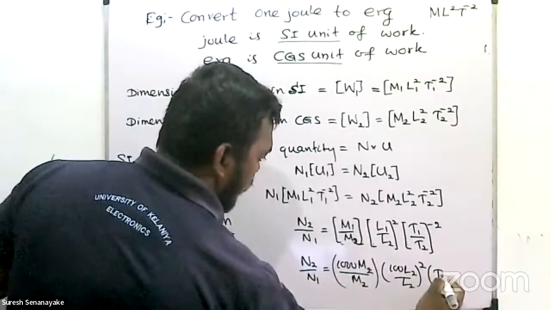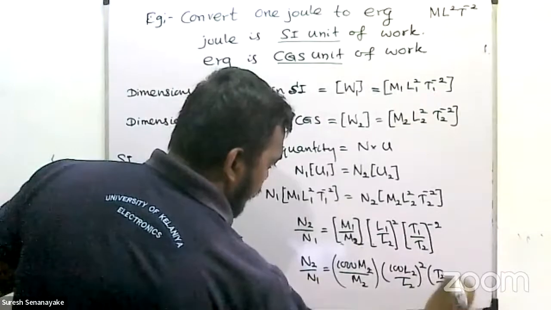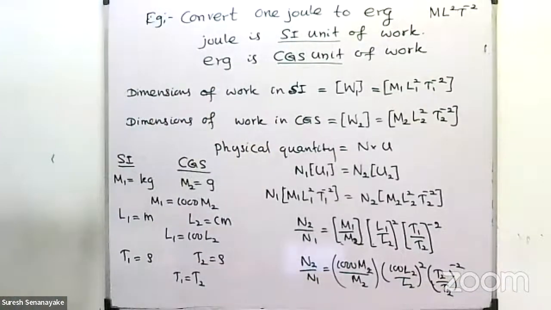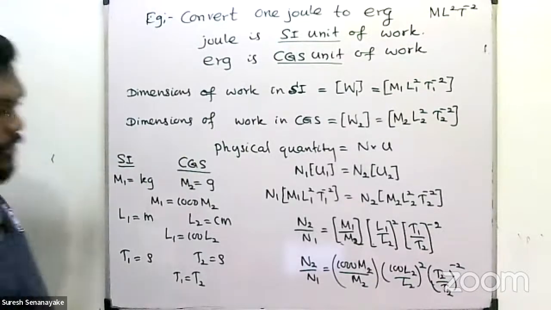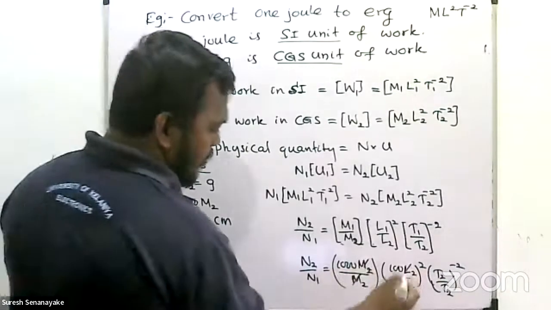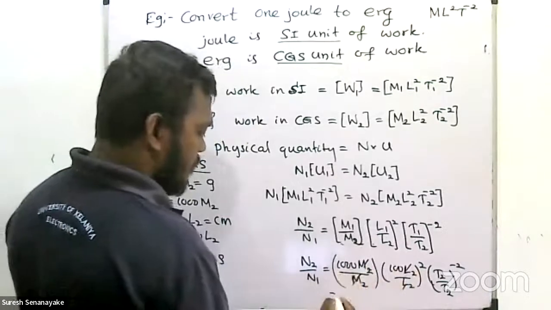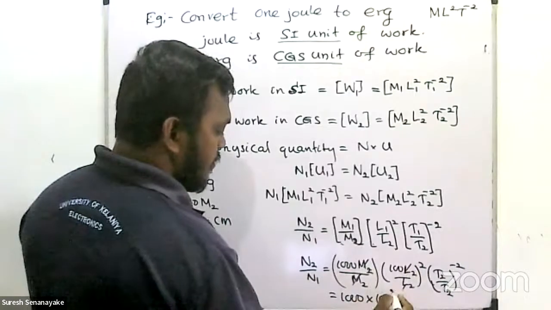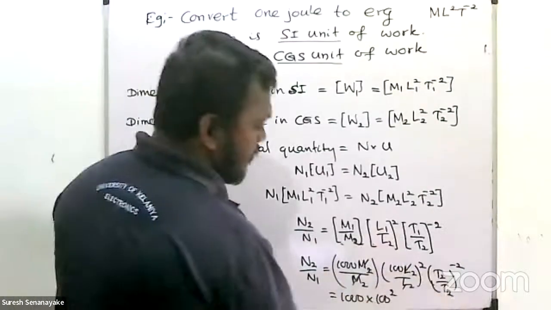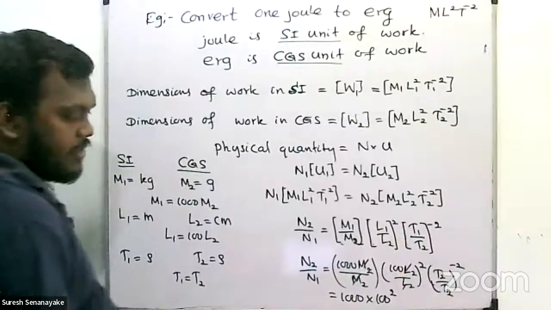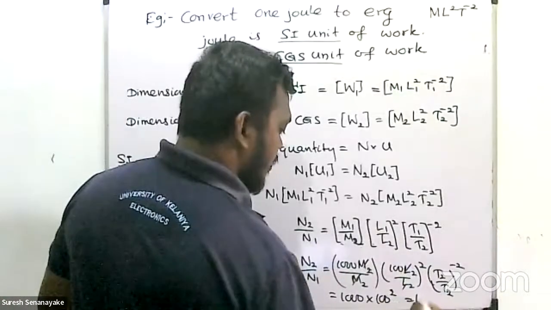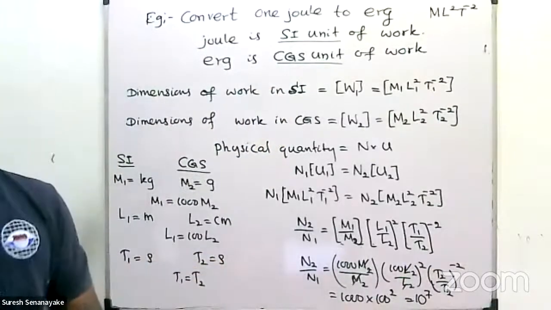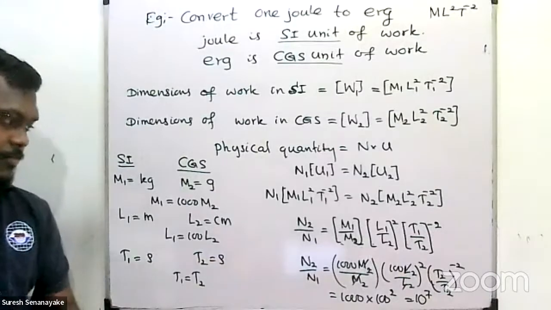So here M2 M2 cancel, L2 L2 cancel, T2 T2 cancel. So this is 1000, this is 100 to the power 2. And make it thicker. This ratio gives that value, 10 to the 7. So 10 to the 4, 10 to the 3, total is 10 to the 7.